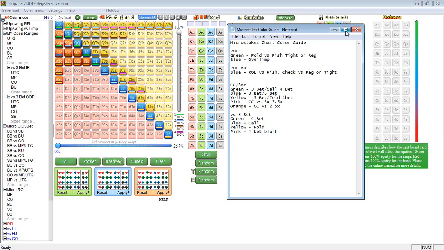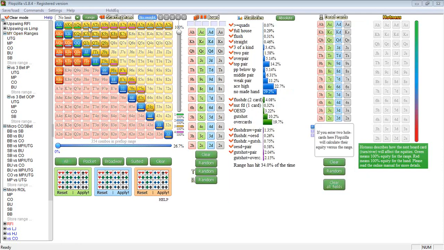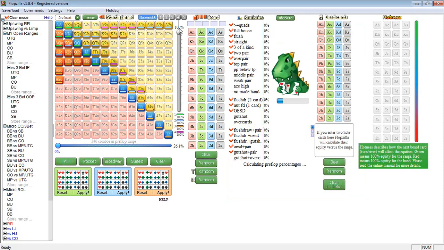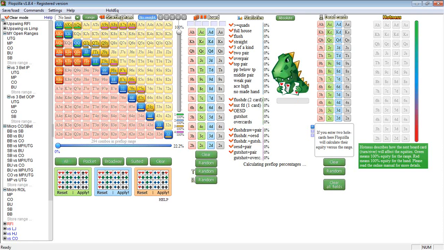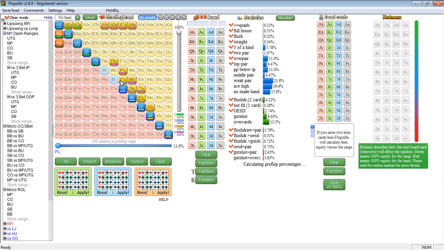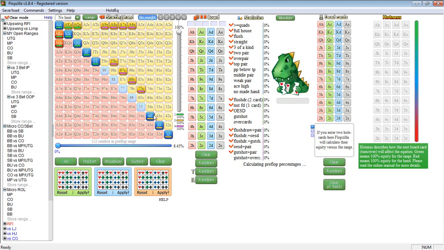Oh, my pink and green hands. Pink and green. So these are my hands that I'm 4-betting. Okay.